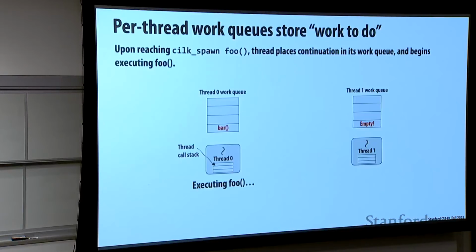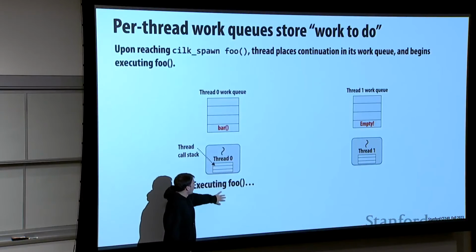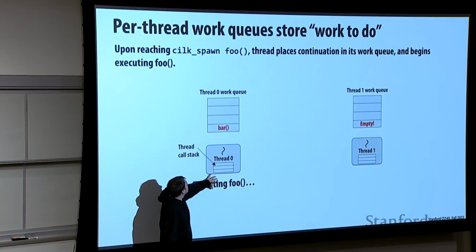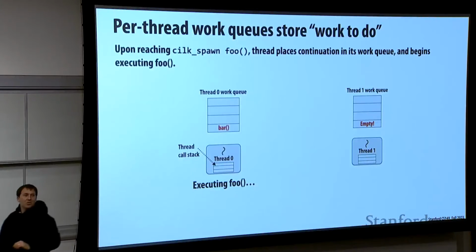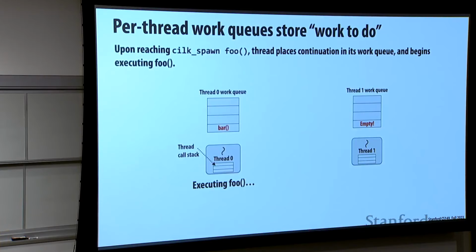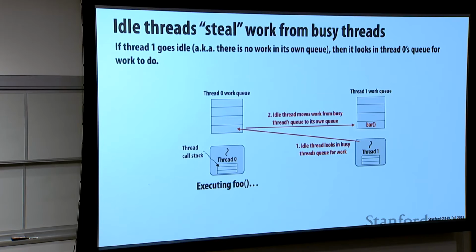And so what's going to happen is, when this thread calls foo, it starts running foo, and it reveals bar on its stack to all other threads. If thread 1 over there is idle and sees that thread 0 has bar in its work queue, thread 1 is just going to rip that out of the stack and start running bar. Or really, it's just going to put bar in its own stack, or its own work queue.